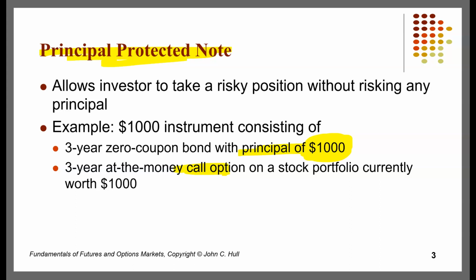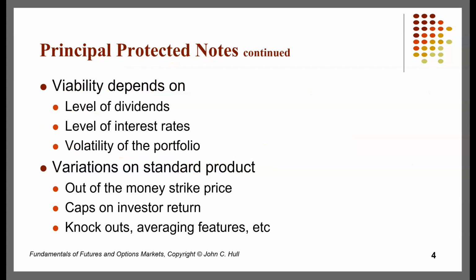What that does is allow the investor to take a risky position without risking any of the principal. Remember, the principal is protected by the zero coupon bond. A couple of other things about principal protected notes. The effectiveness of the strategy depends on the level of dividends paid over that period, because dividends affect the stock price.